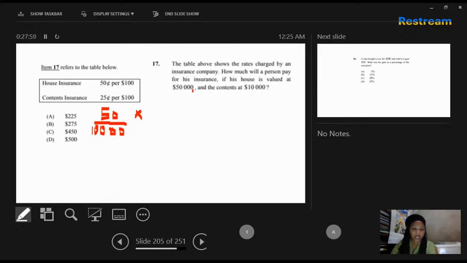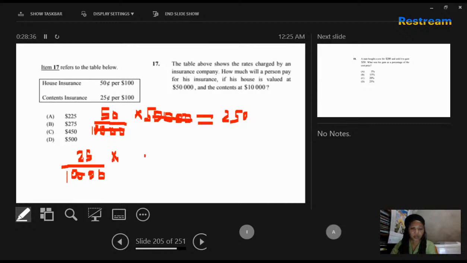That would be the rate of the insurance, and the house is 50,000. That gives 250. For the contents, it is 25 cents per 1,000 cents, or $100, times 10,000 for the contents.